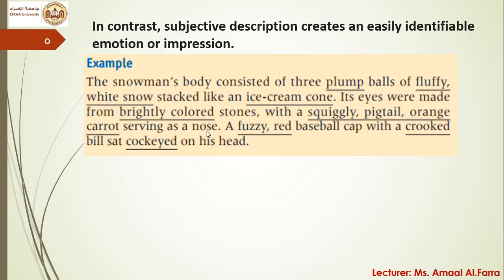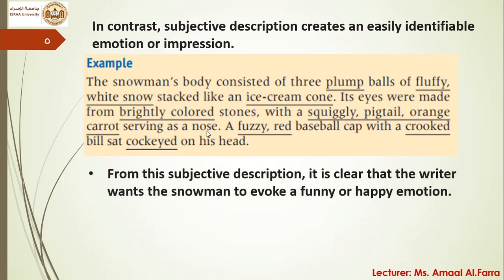As you see here, the underlined words add more description to this paragraph, and that creates an image in the reader's mind. It adds emotions, it adds feelings. You can feel that this snowman is funny, or you can feel happy when you read this description about this snowman. So it evokes happiness and it evokes that the snowman is fun.